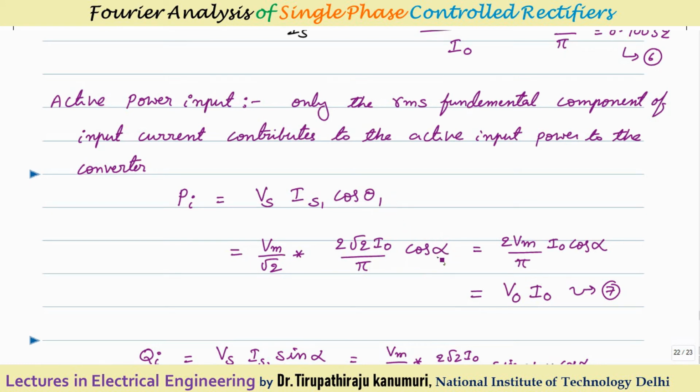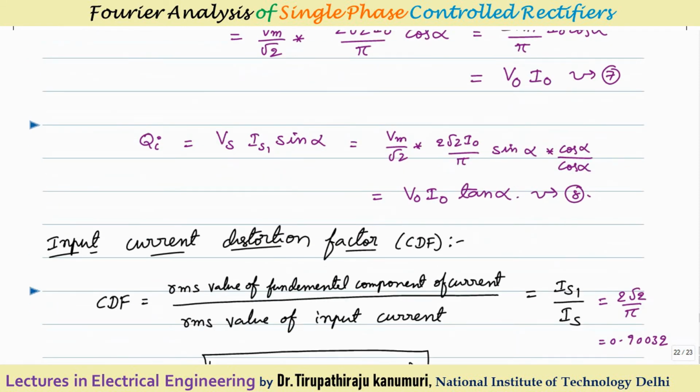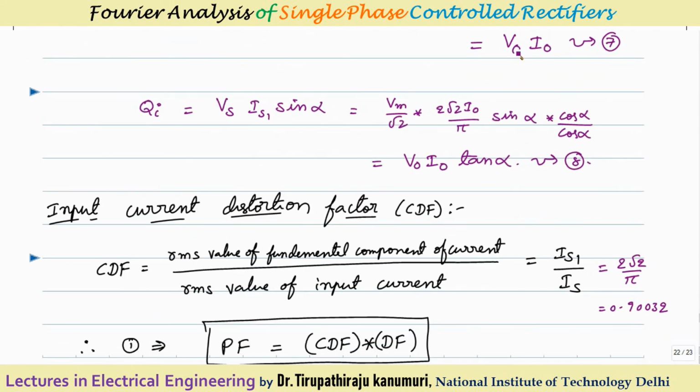Theta 1 becomes minus alpha, so this becomes cos alpha. When you substitute, it is 2V maximum by pi into I naught cos alpha. We have derived in our previous classes, and even in today's class I have given the example, that 2V maximum by pi into cos alpha is nothing but the average value of your output voltage, V naught, and I naught is the average value of your output current. So input power is nothing but average output voltage multiplied by average output current.